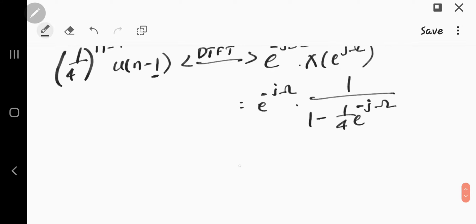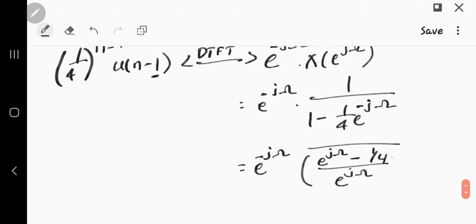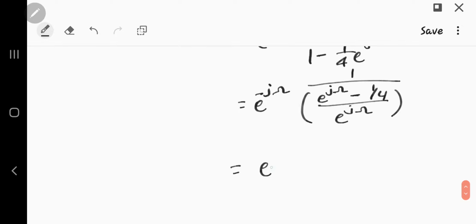Now you can simplify this. Take e power j omega common, so in the denominator e power j omega minus 1 by 4, and in the numerator you will get 1. Now this term is e power minus j omega, this one is plus j omega, so this term will become 1 here.